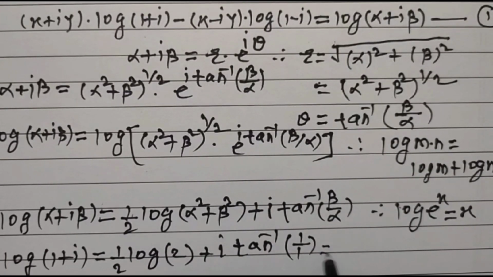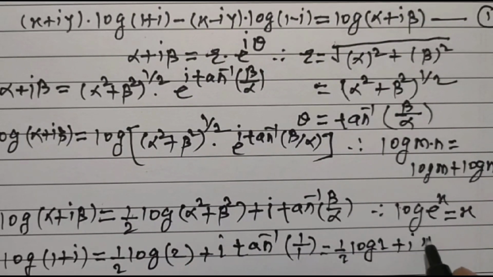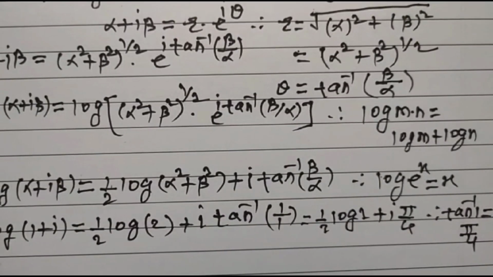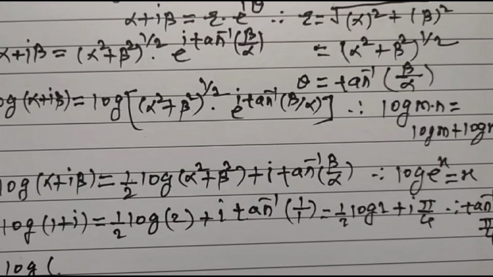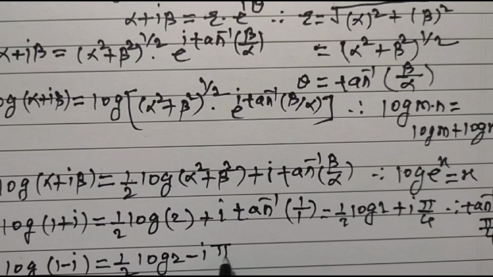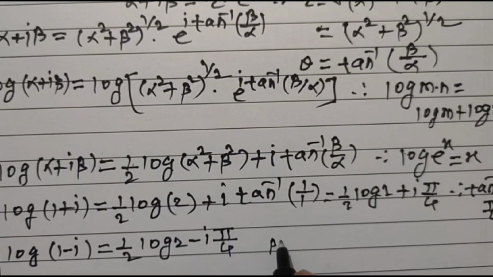This is equal to 1 upon 2 log 2 plus i into pi by 4, because tan inverse 1 is equal to pi by 4. Now log of 1 minus i is equal to 1 upon 2 log 2 minus i into pi by 4. So put in all these values.